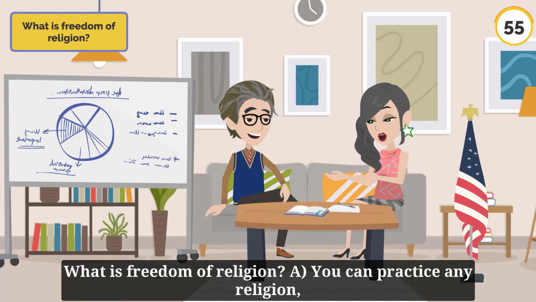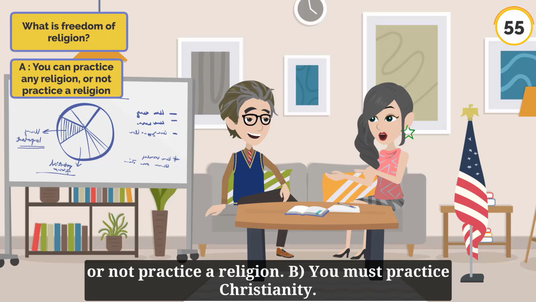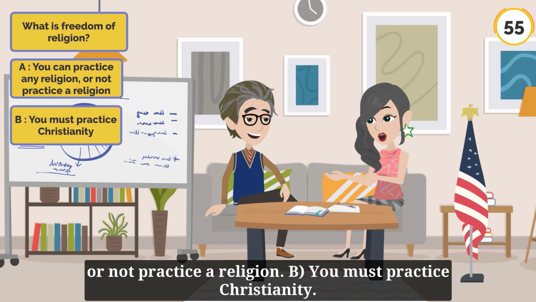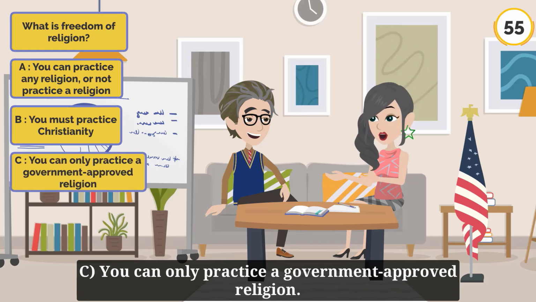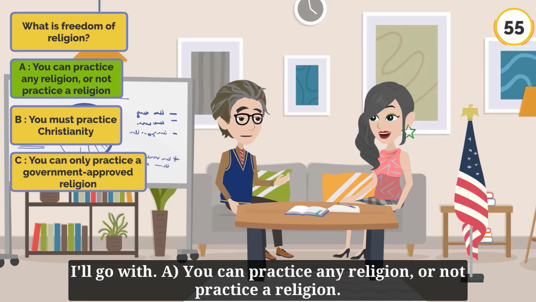Question 55. What is freedom of religion? A. You can practice any religion or not practice a religion. B. You must practice Christianity. C. You can only practice a government-approved religion. I'll go with A. You can practice any religion or not practice a religion.